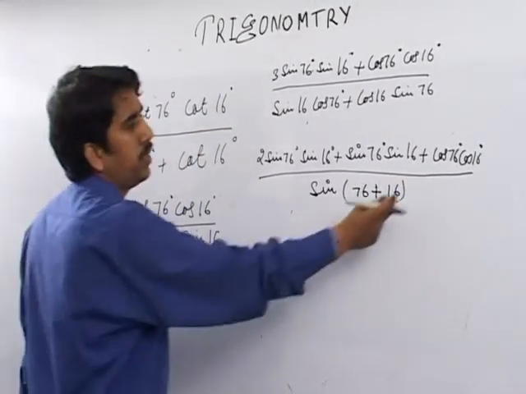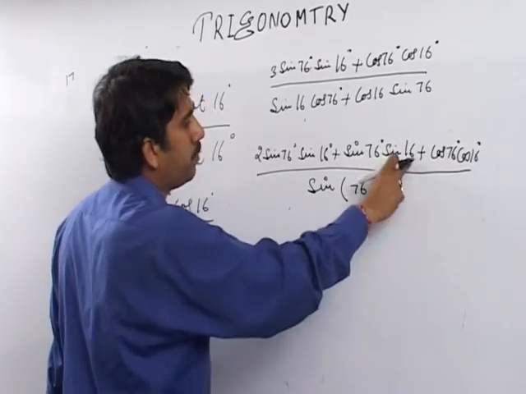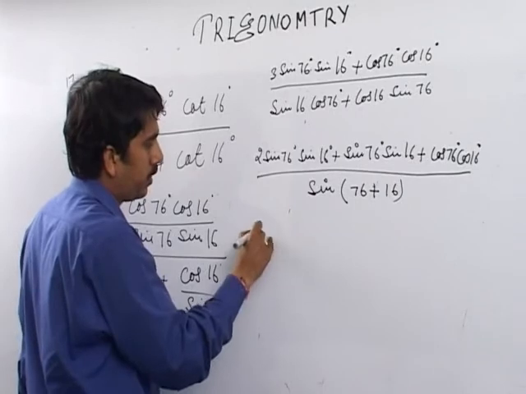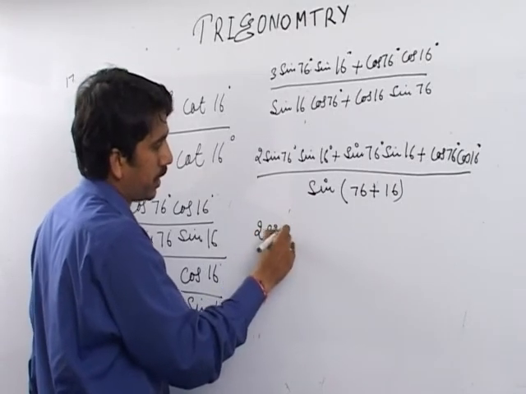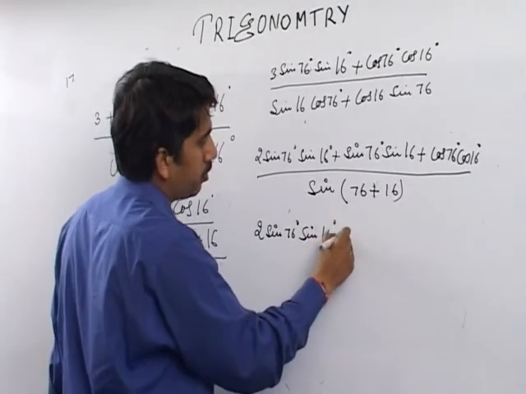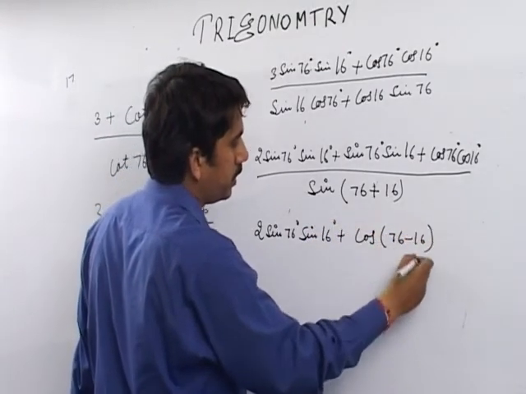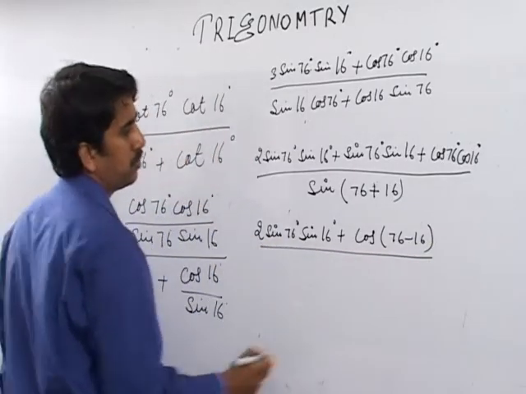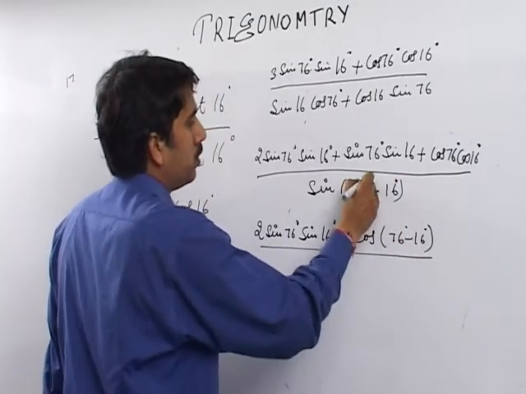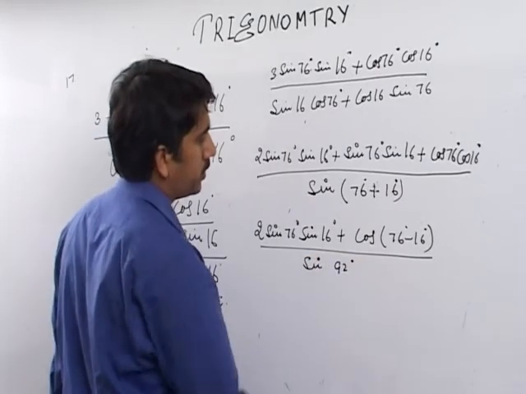And this will be cos A cos B plus sin A sin B. So this will remain as it is, 2 sin 76 degree sin of 16 degree. This will become cos of A minus B, which is 76 minus 16 degree, whole over sin of 92 degree.